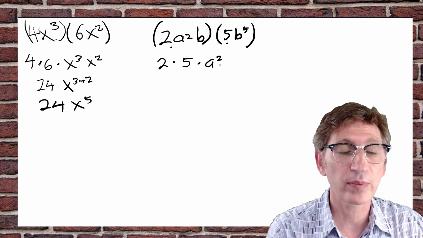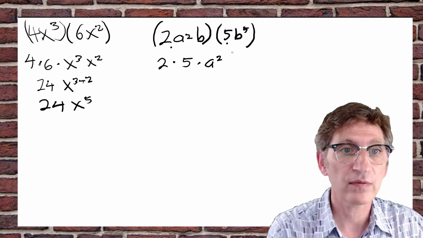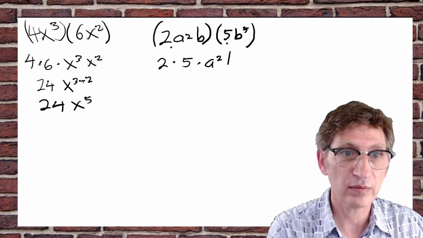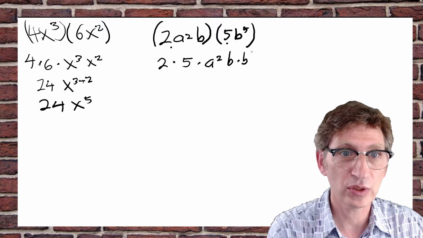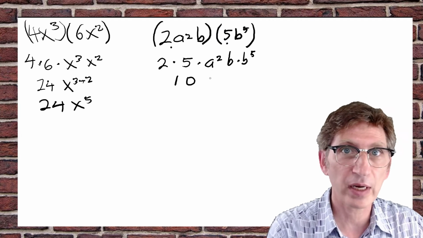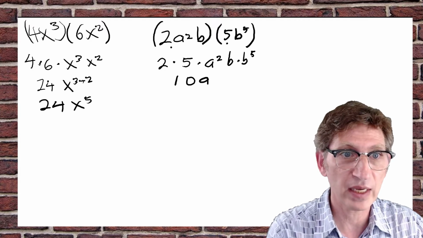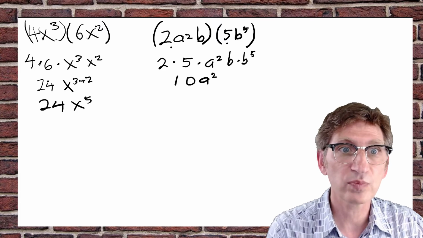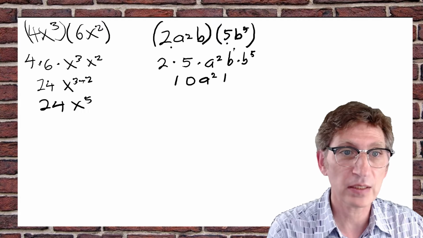I don't have any other powers with the same base of a squared, so I'll leave that by itself. And I have 2 powers with a base of b. b times b to the 5th. Well, 2 times 5 is 10. A squared, there are no other powers with a base of a, so I just have my a squared.